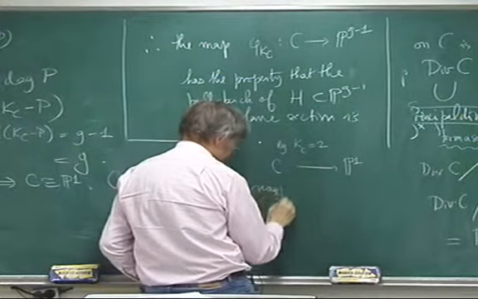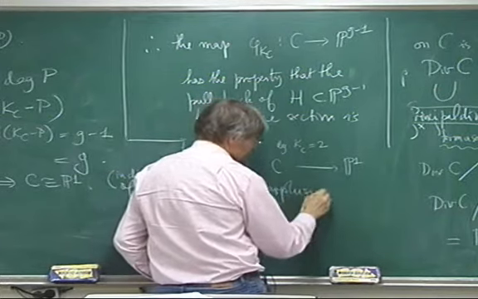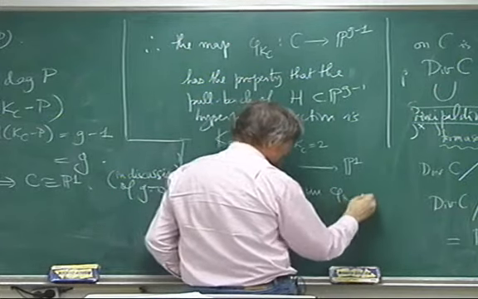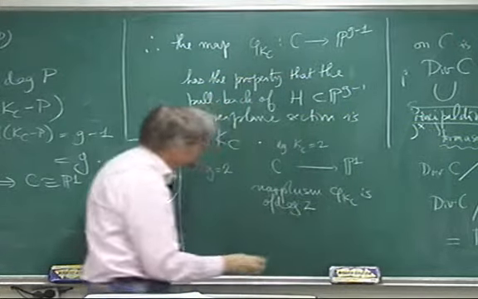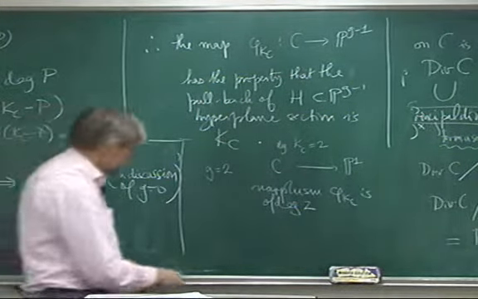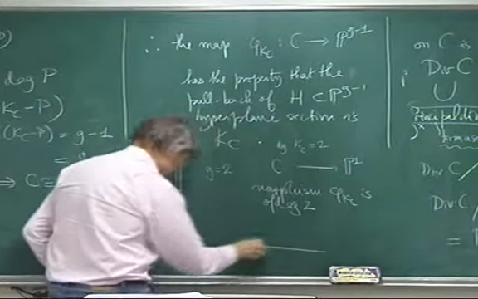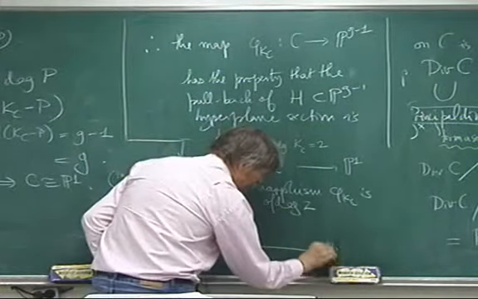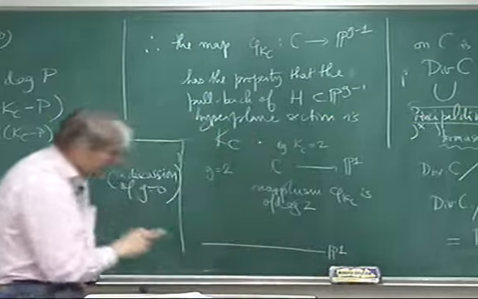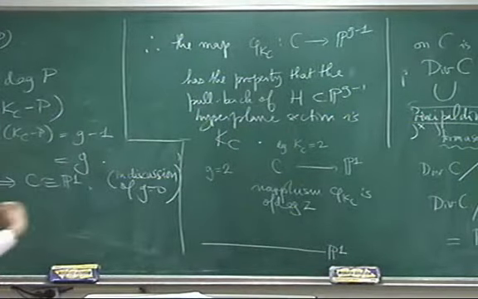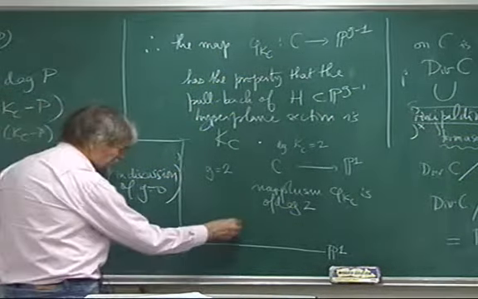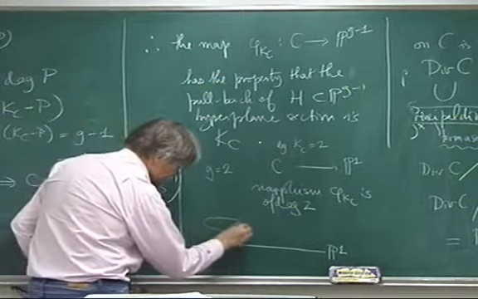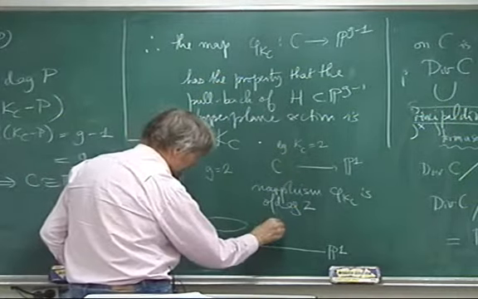The morphism phi Kc is of degree 2. Right? And so here's a picture, here's P1. I'm really thinking of P1 over the complex numbers. This is a schematic representation. It's not at all a geometric picture of what's happening, right? It's certainly not a picture of the real line, of the real complex line.